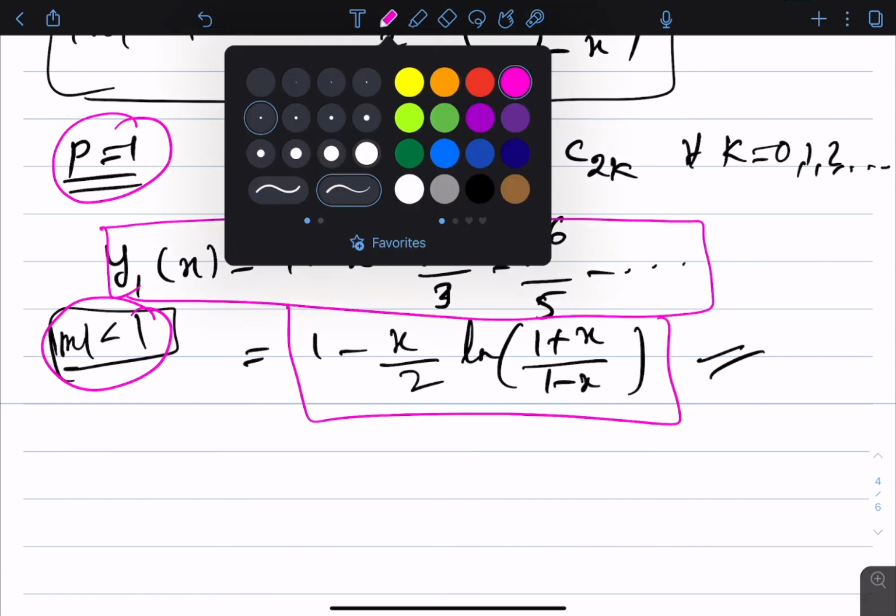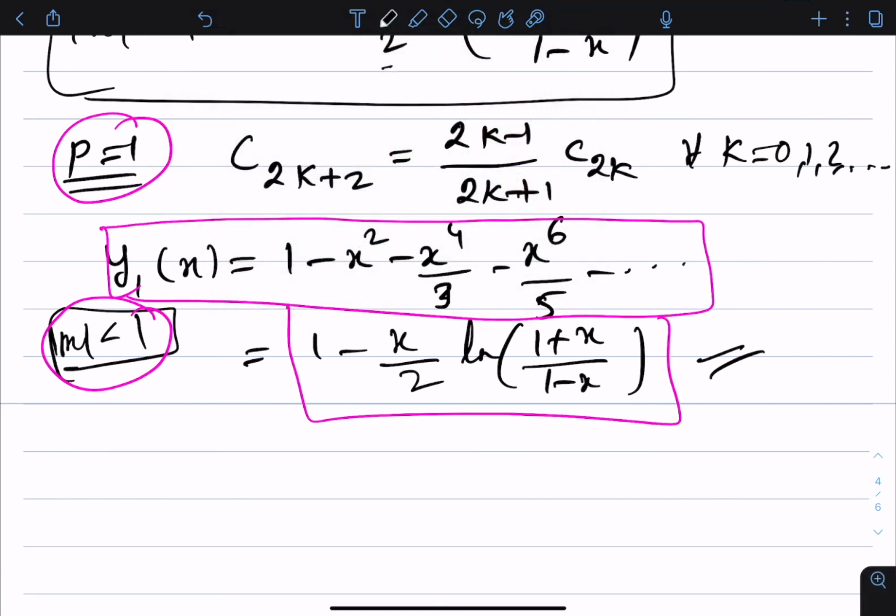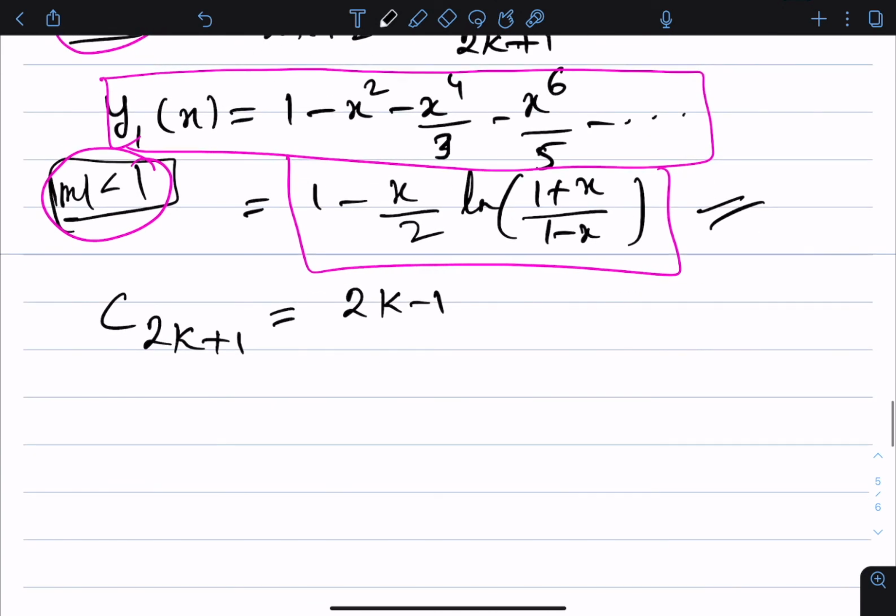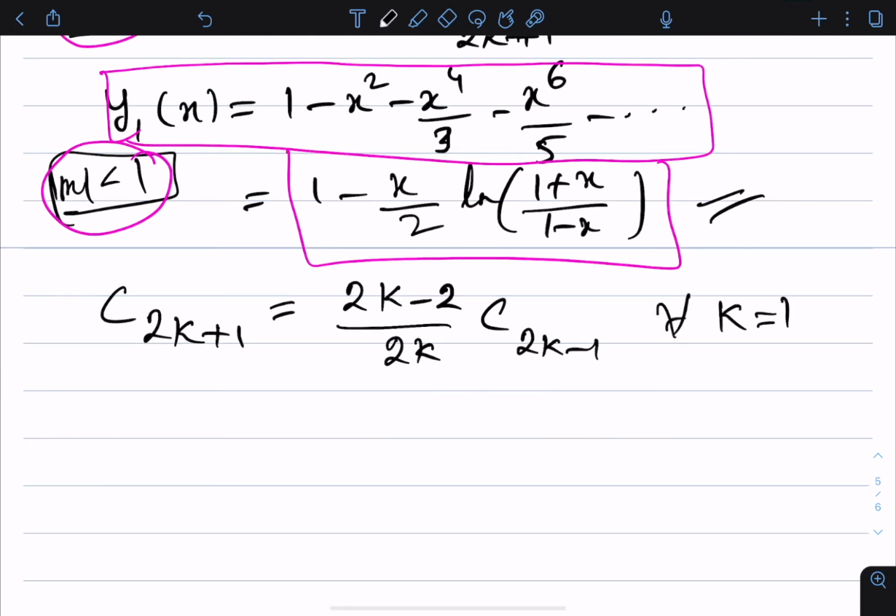Now for the case p equal to 1, what happens to the odd subscripts? In the same formula, you put p equal to 1, so the relation becomes c_(2k+1) equal to (2k minus 2) by 2k times c_(2k minus 1), and this is valid for k equal to 1, 2, 3 and so on, right?